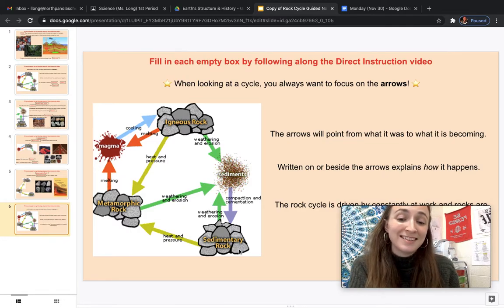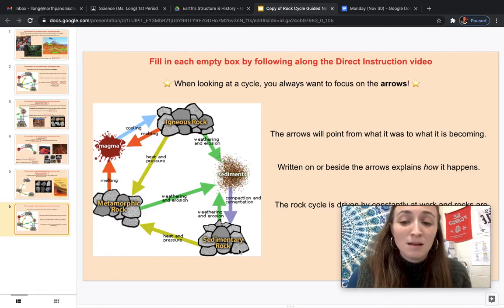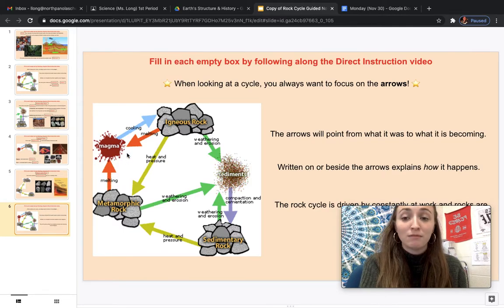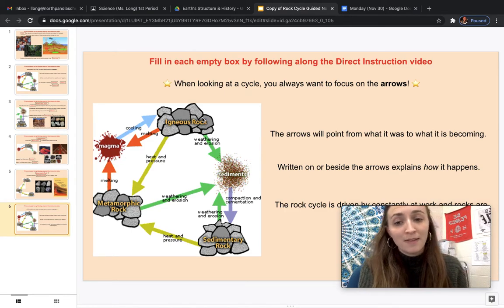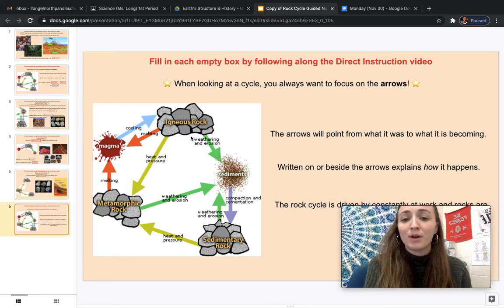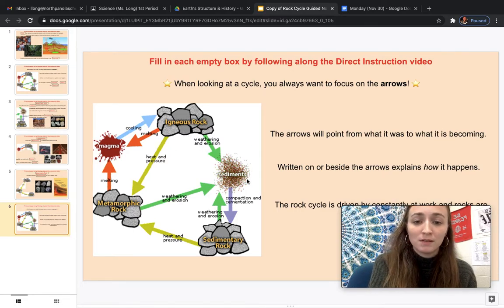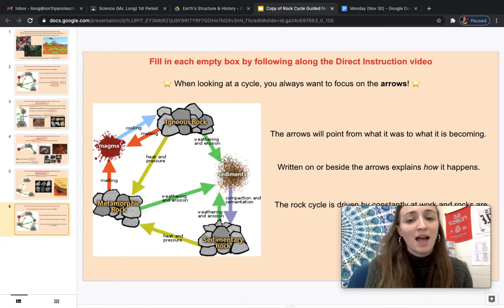And then for some reason, that same rock goes through extreme heat and pressure, and it can become a metamorphic rock. But then that metamorphic rock melts down, so it goes through a lot of heat and melts down to form that magma, and that magma can then cool to become an igneous rock. And then that igneous rock can go through that weathering and erosion to become sediments. So it's just a never-ending process, a never-ending cycle.